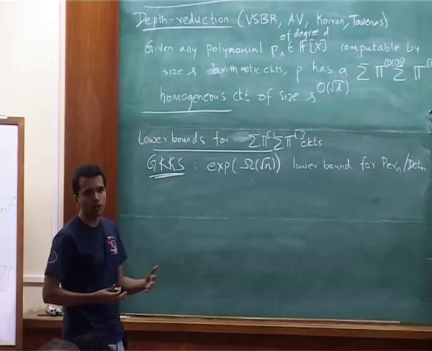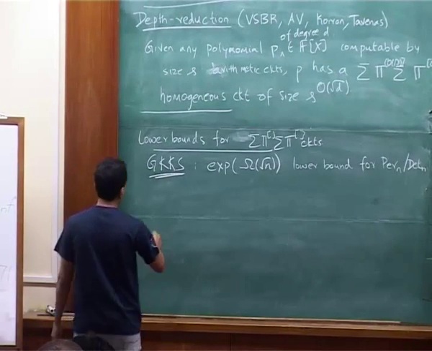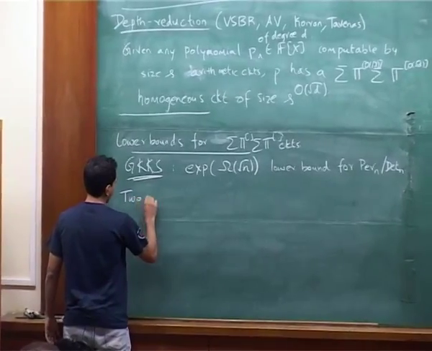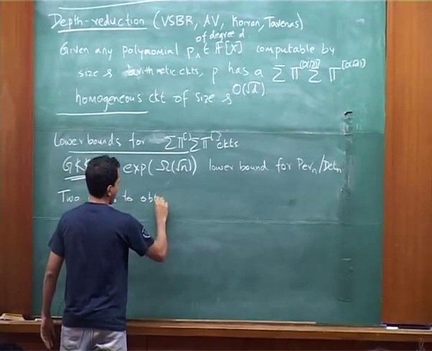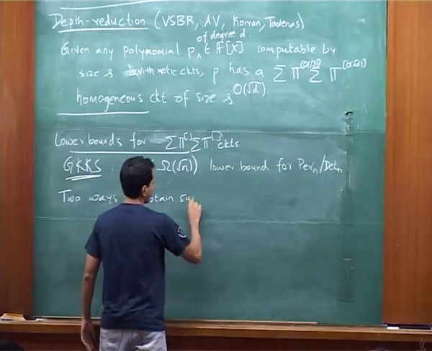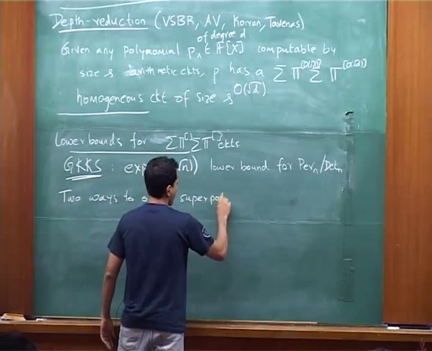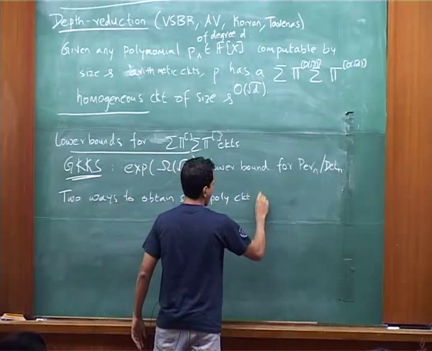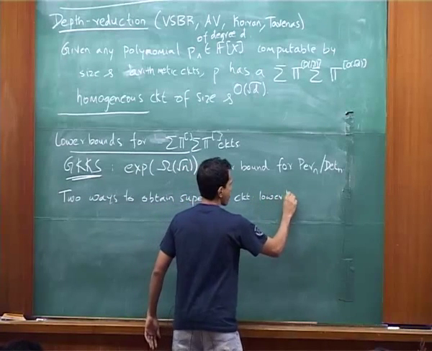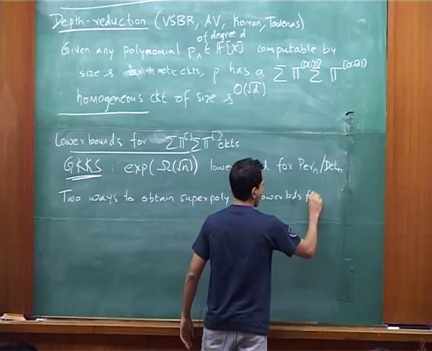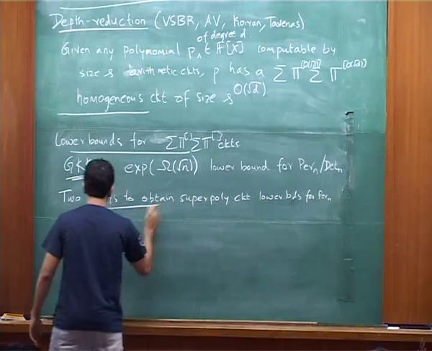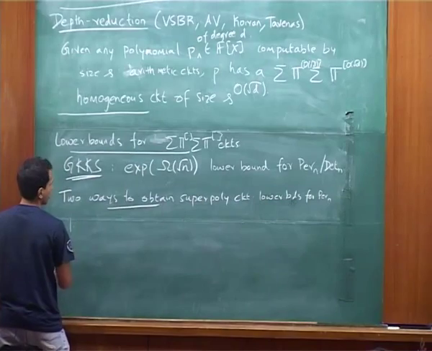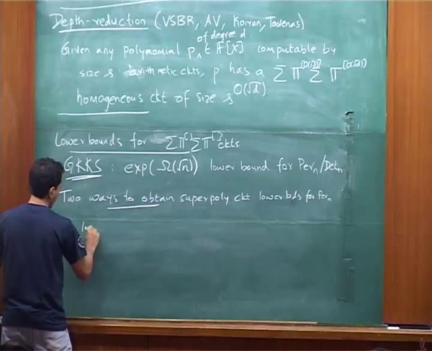So there are two ways one could go about this. Two ways possibly to improve this. The first is, of course, improve this lower bound.